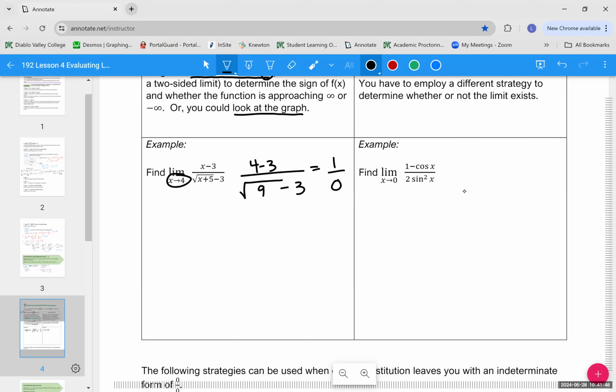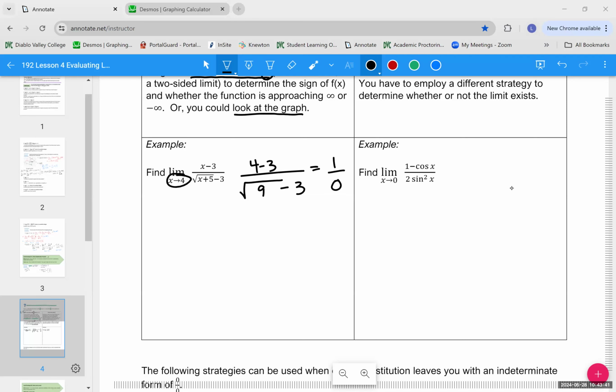And again, there's a couple ways to do that. You could start by plugging in a 4.1 or a 3.9 to see what kind of numbers you're getting out. The other option is to graph it. So I'm going to go ahead and open up Desmos, which I have already graphed.